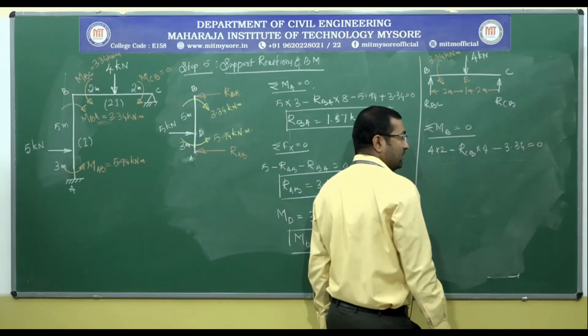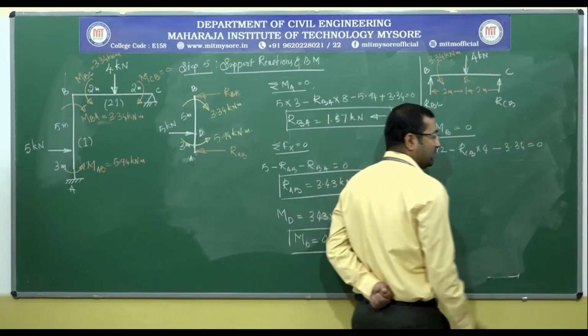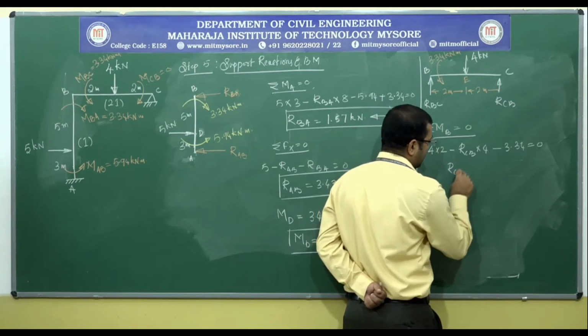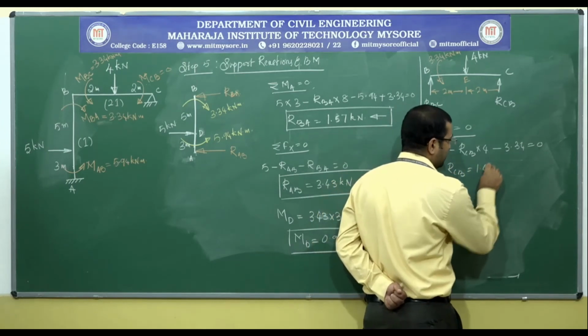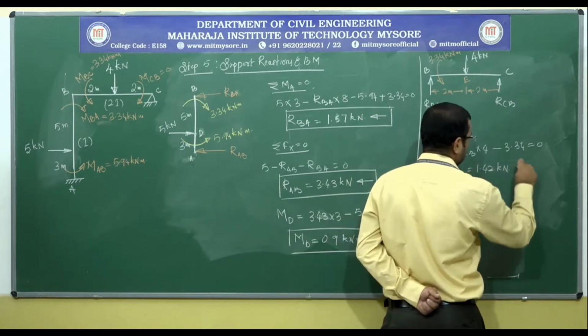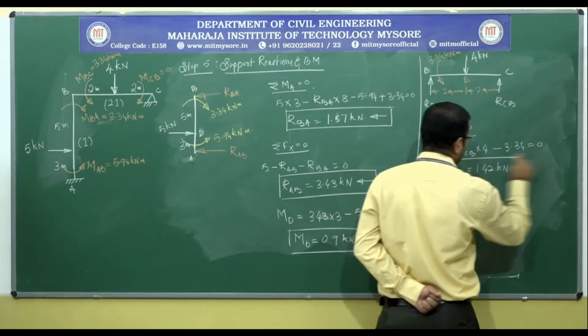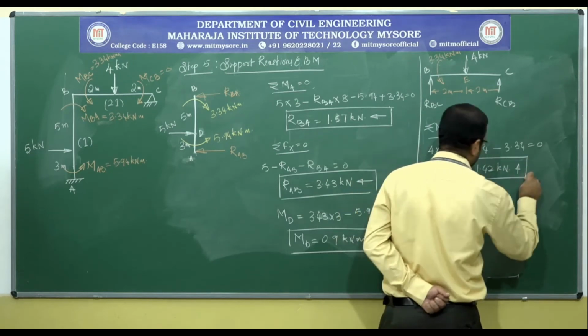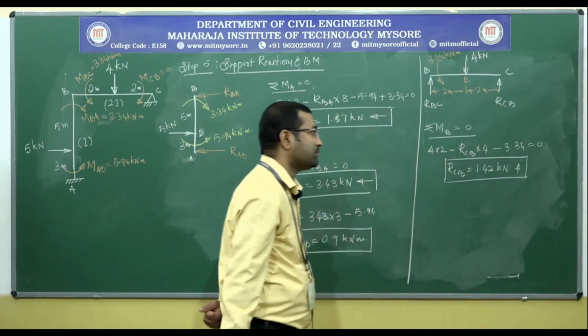If I solve this, I will get the value of RCB as 1.42 kilonewton. So it is a positive value, it means the assumed direction for RCB is correct.